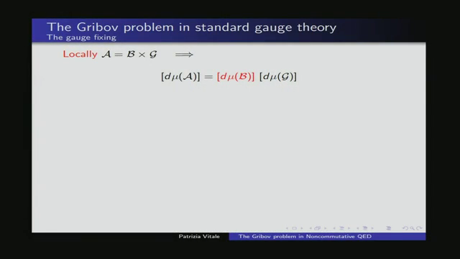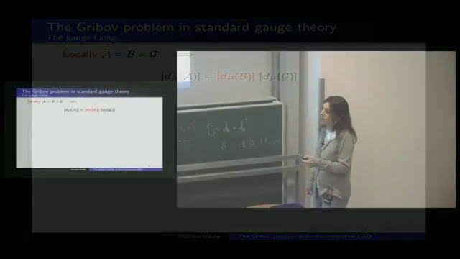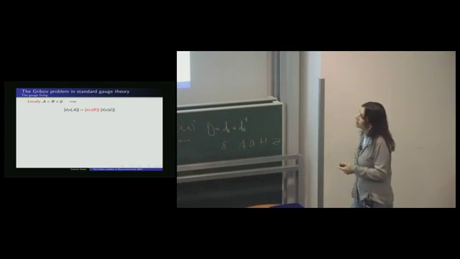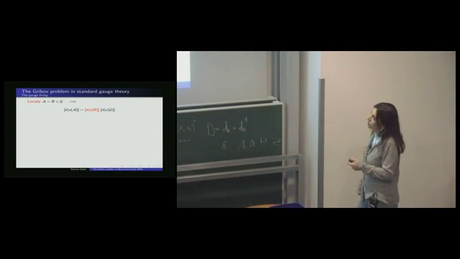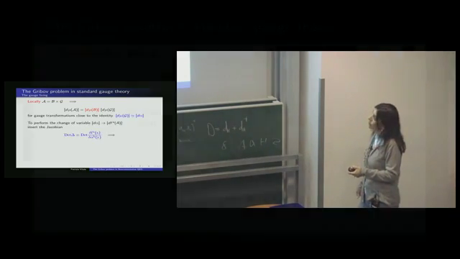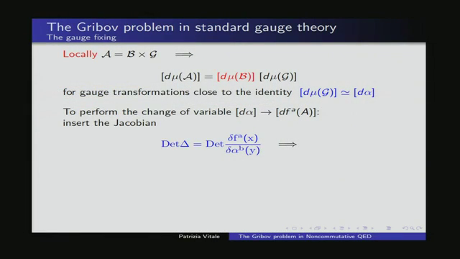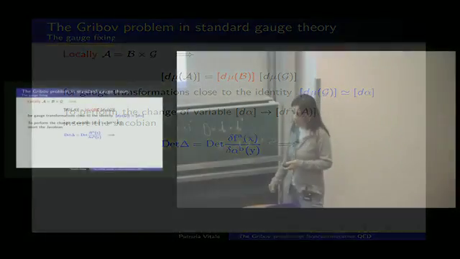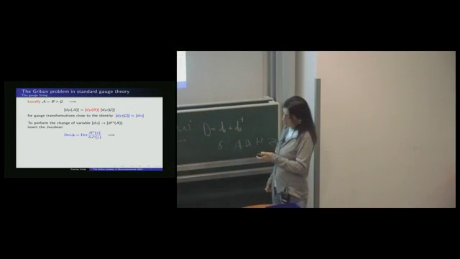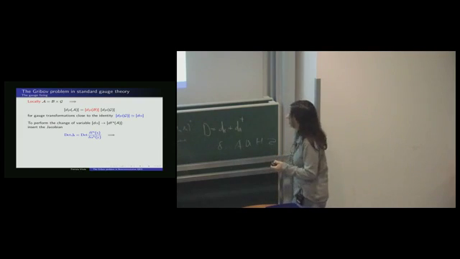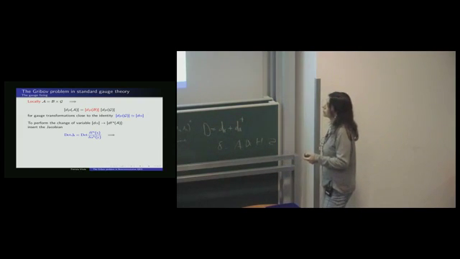So locally, we will write the total space A as a product. Then the measure will be just the product of measures. Then if I perform an expansion of my gauge transformation around the identity, this measure over the gauge group, I can write it this way.